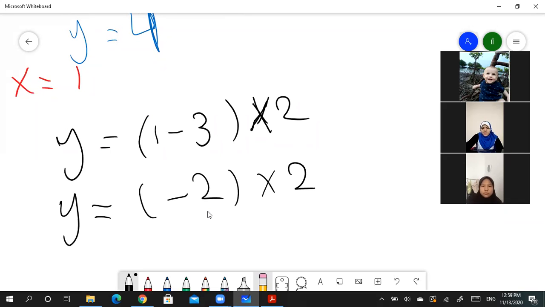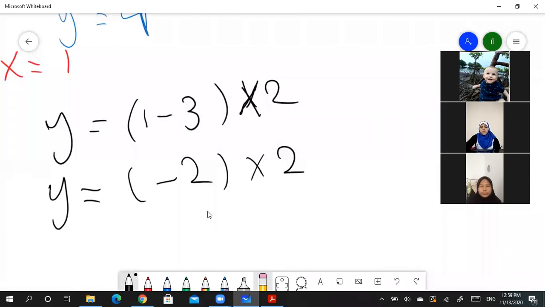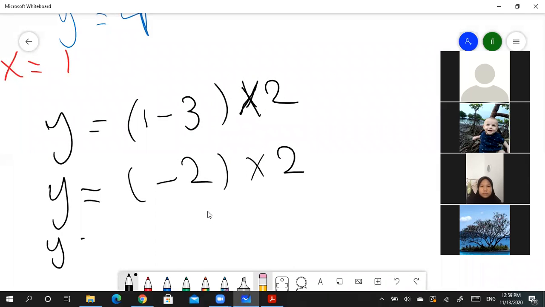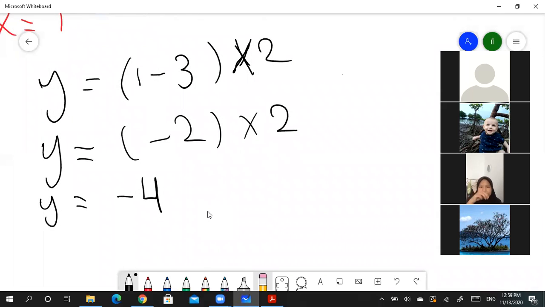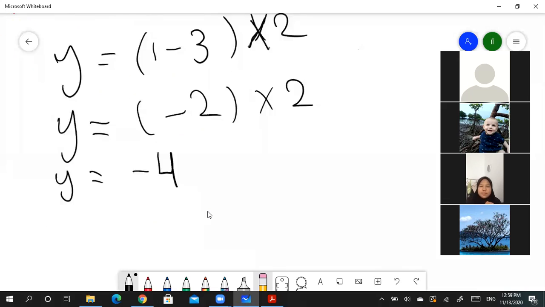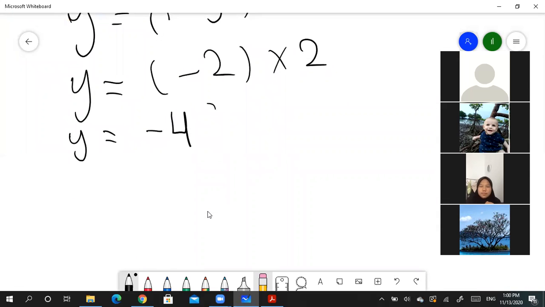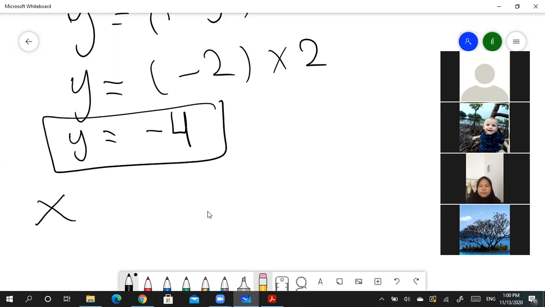Minus 2 multiplied by 2 is minus 4, because according to the sign rule, minus times plus gives us minus. So y will be equal to minus 4.